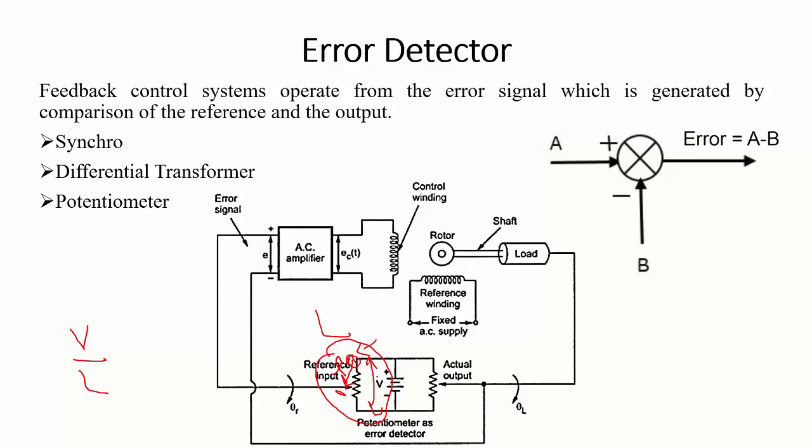So the voltage between this point and the arm will be the voltage gradient multiplied by small l. This is the voltage that the reference input would have with respect to this particular point.